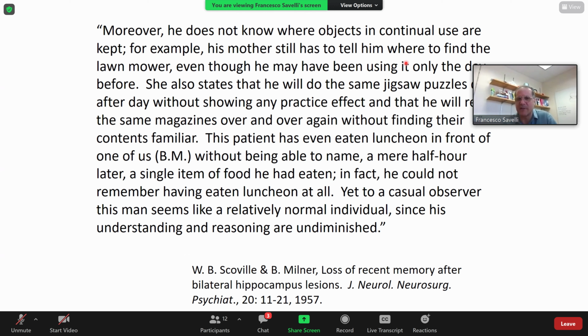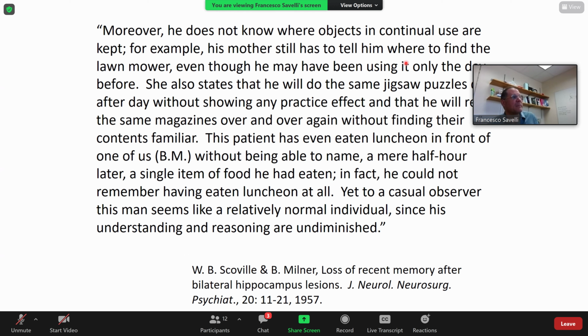Every time it was just like meeting somebody new, even if there was this sense of familiarity. But a mere half an hour later, a single item of food he had eaten, after he had lunch, he wouldn't remember what he had for lunch.